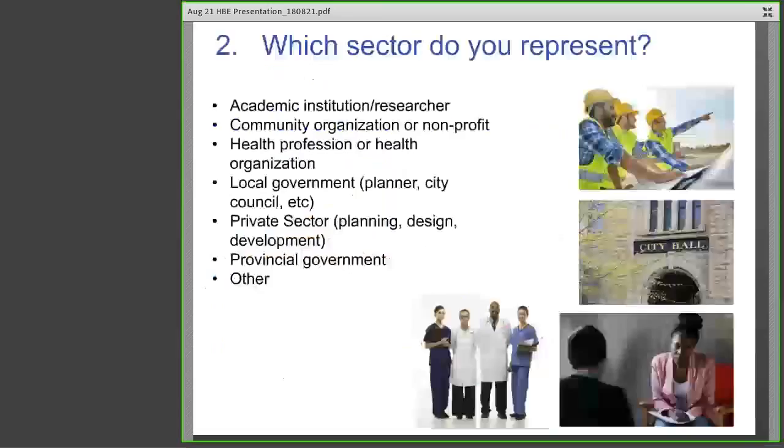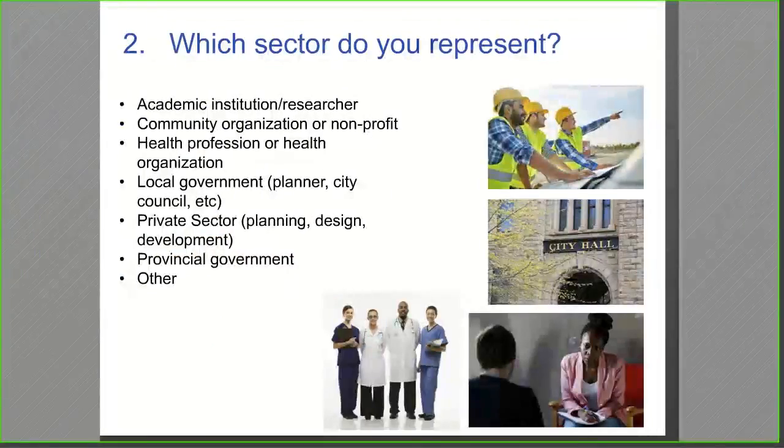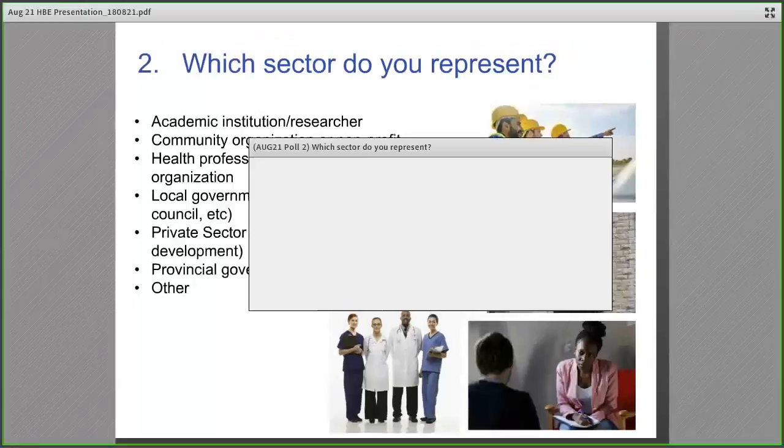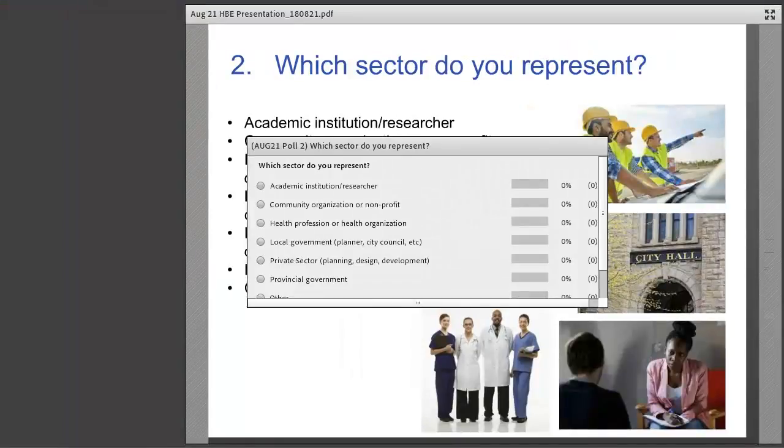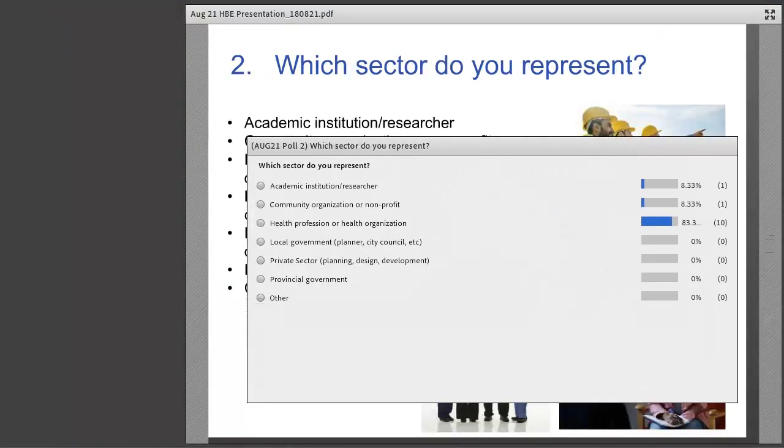Thank you so much. The next polling question, we'd like to know what sector do you represent, because we're hoping that the toolkit applies to diverse sectors: planners, academic researchers, public health professionals, private sector. Please just select the sector that you represent. Fantastic.